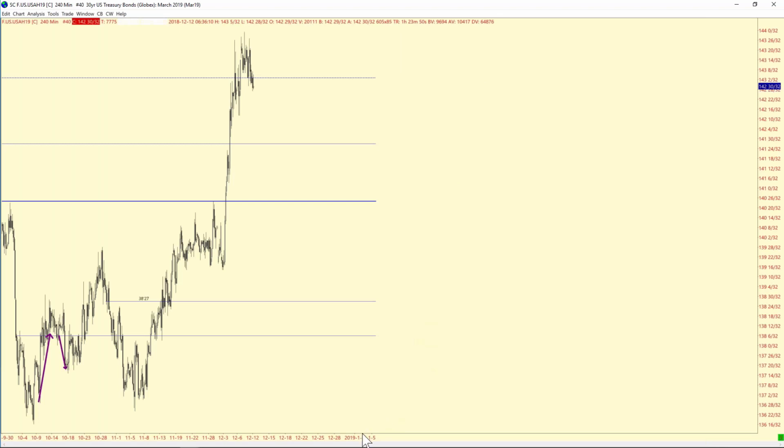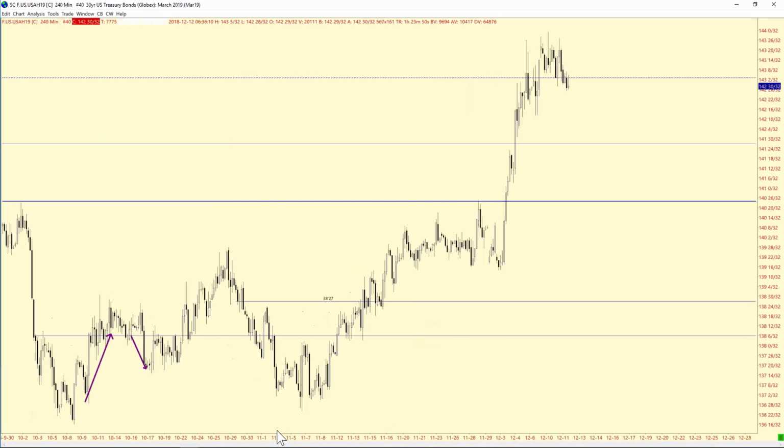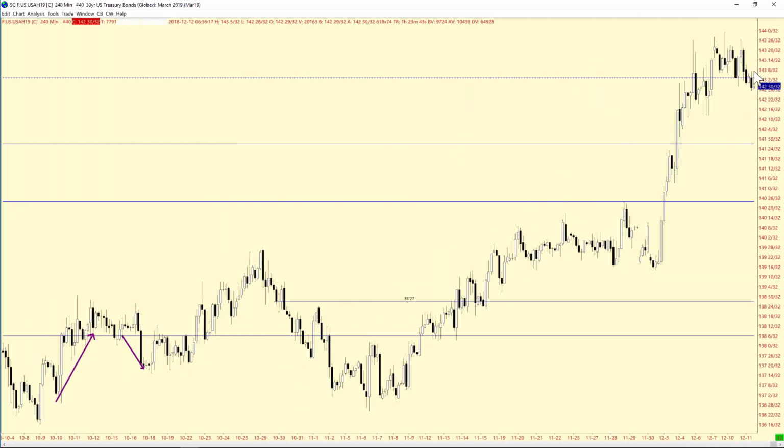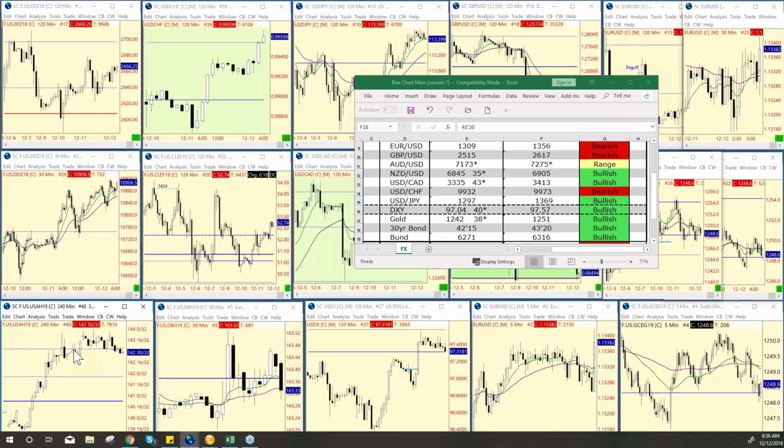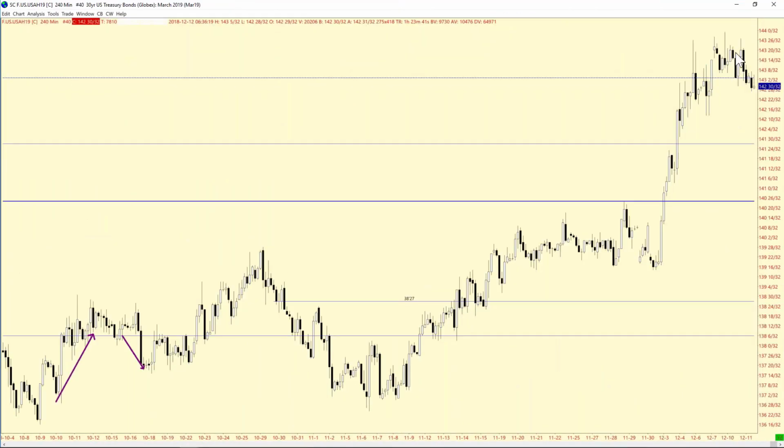So we had our support here at 142.15. Still holding up fairly strong here if you think about it. You're going to keep that here for right now, 142.15.